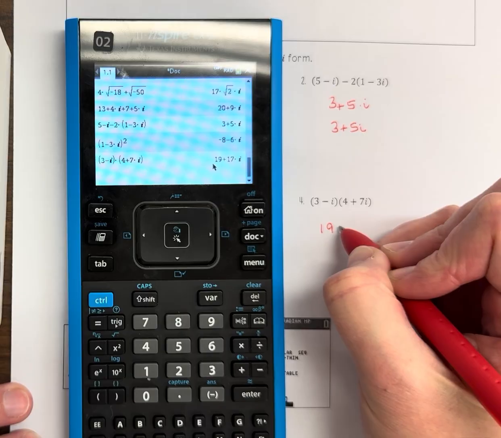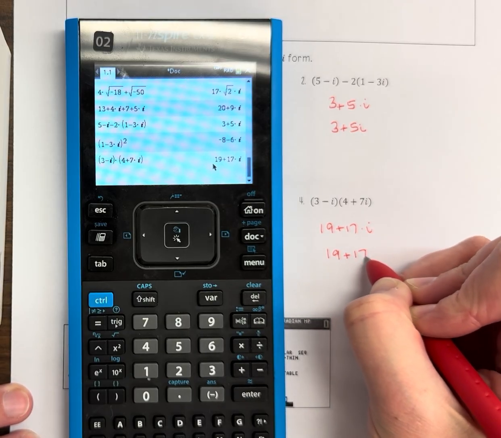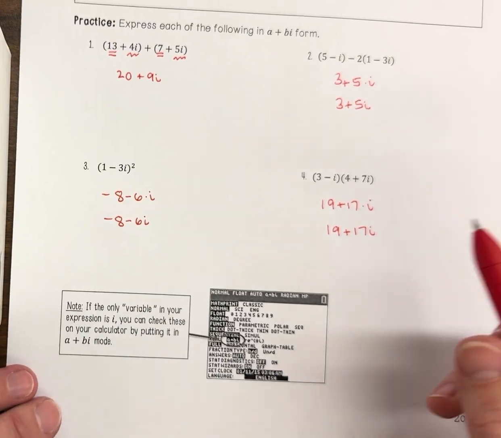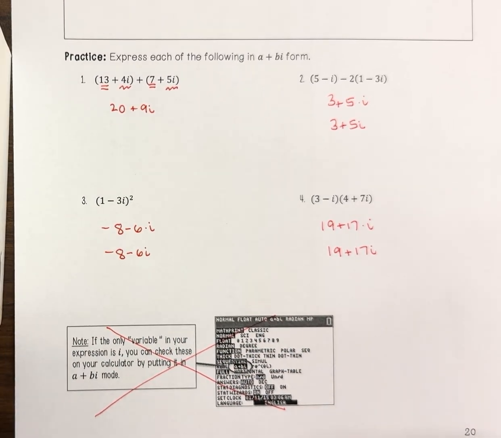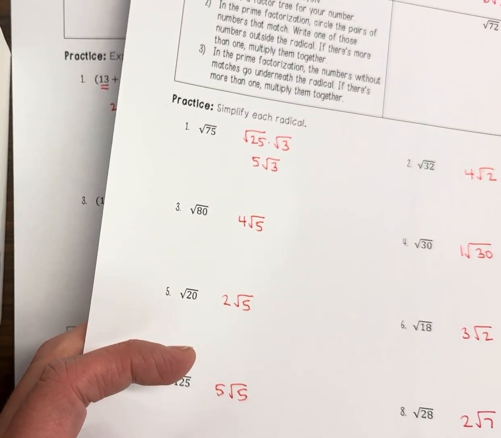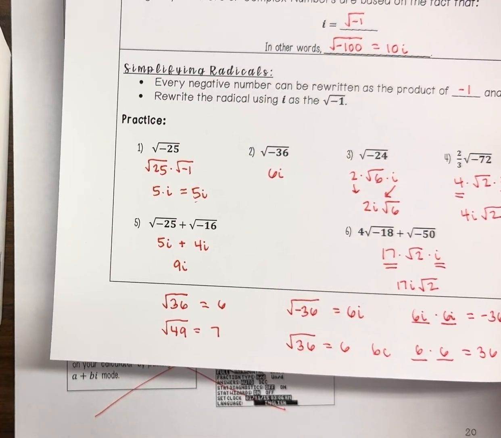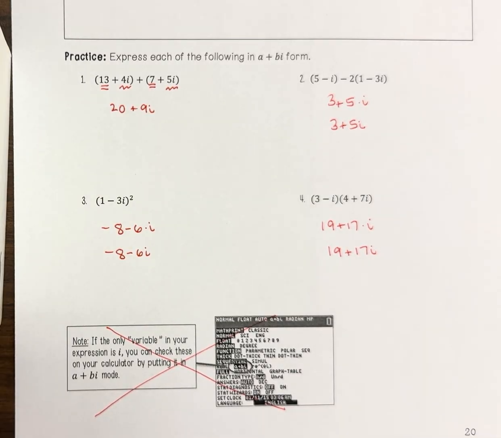So we have 19 plus 17 times i. Again, I'm not going to write the i and the 17 separate. I'll just write them together. Okay. This part down here was for the old calculator, so you don't have to use that. But for right now, I just want you to be okay with typing radicals into your calculator, typing radicals with negatives that will give you i's into your calculator, and just doing simple operations on your calculator, and then we'll talk about what if we have to do them by hand.